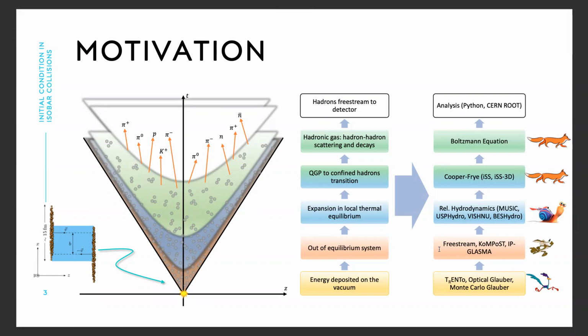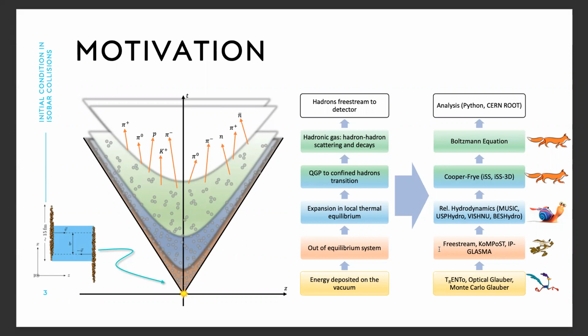The initial condition is very fast. The out of equilibrium phase is also pretty fast, but then we hit hydro, and even though there are a lot of codes that perform very well, it's usually our bottleneck in the simulation.